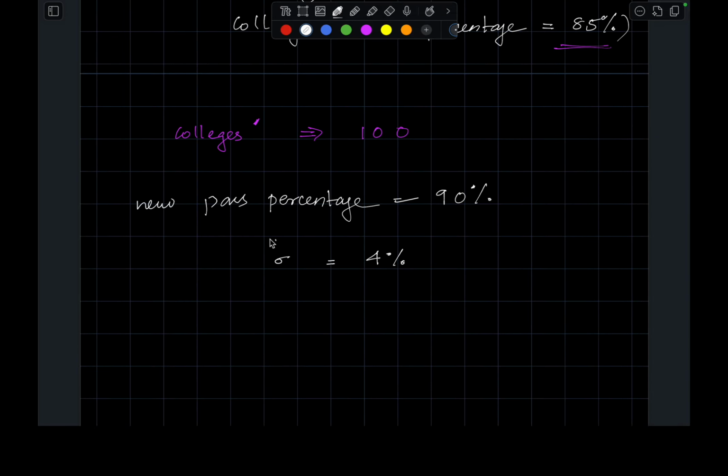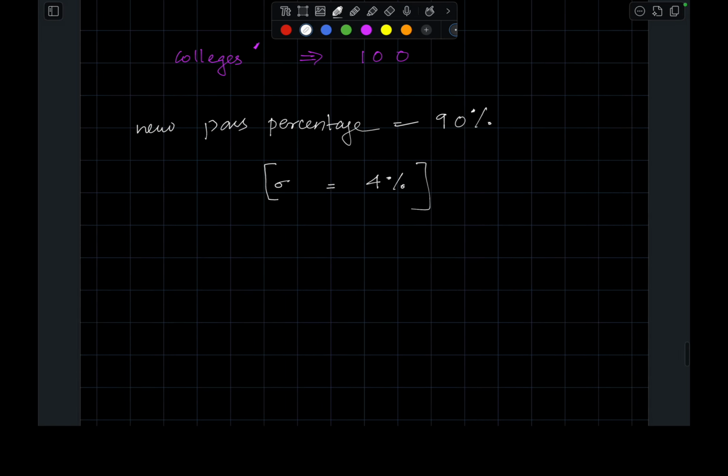This is the population standard deviation, sigma. And here if we have to propose a null hypothesis, what will be the case? So we are given information about the pass percentage, and when we are making a calculation with the new sample taken from the population, we are getting a change in pass percentage.